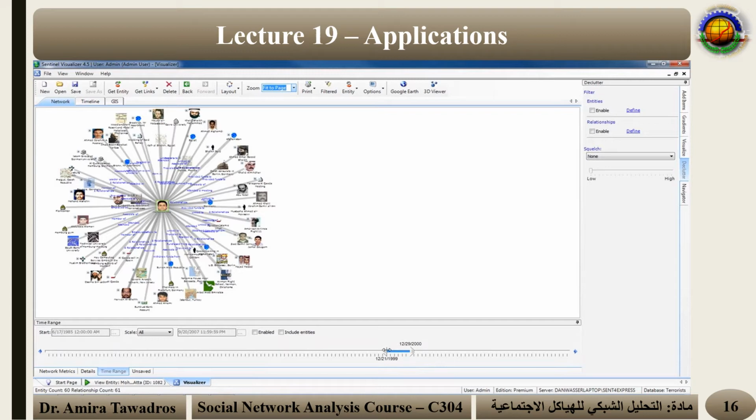Expanding this timeline and moving this bar back and forth, you can see how the relationships of this person, which is represented by the ego network of this person, change over time. And this is the dynamic network analysis that we have studied. So we will see, for example, the different companies that he has worked for, or different people he was associated with over time, or different places that he visited over time. I can also see these changes in various ways and on different scales.